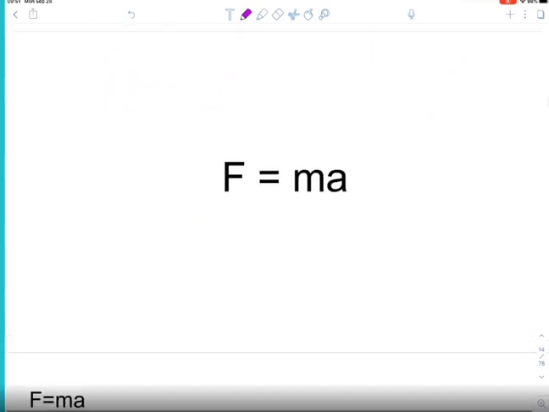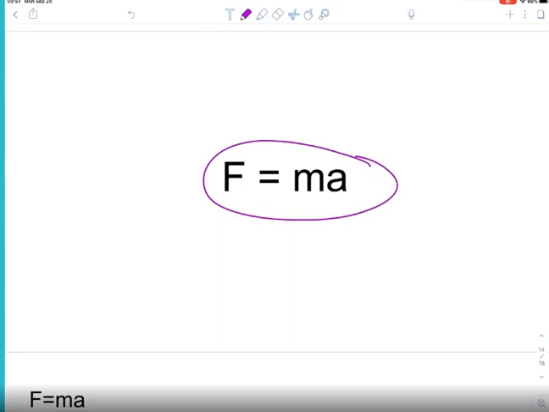So this is the big ta-da, the equation F equals ma that you are probably familiar with already. Unfortunately, this does not just tell you that whatever that one force is, it's going to equal its mass times acceleration. What this really is, is your net force.